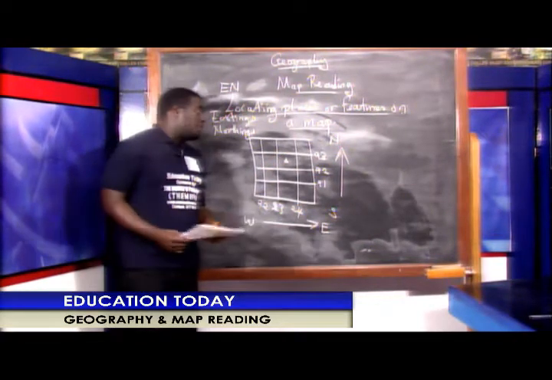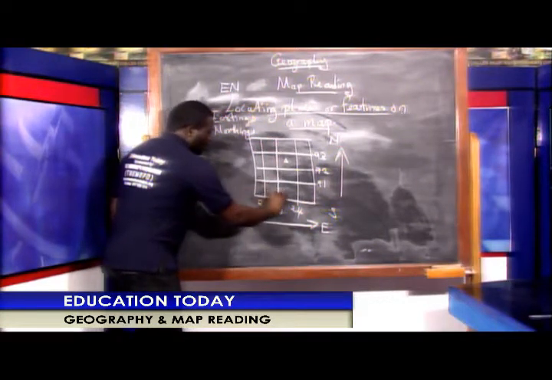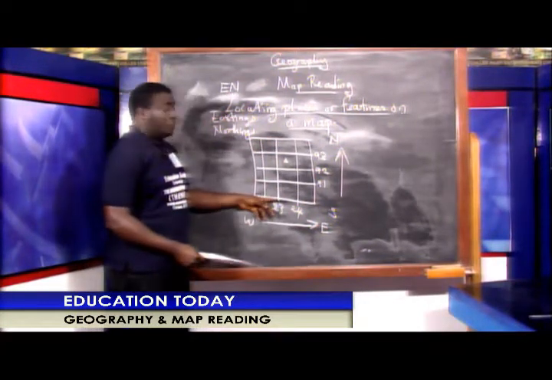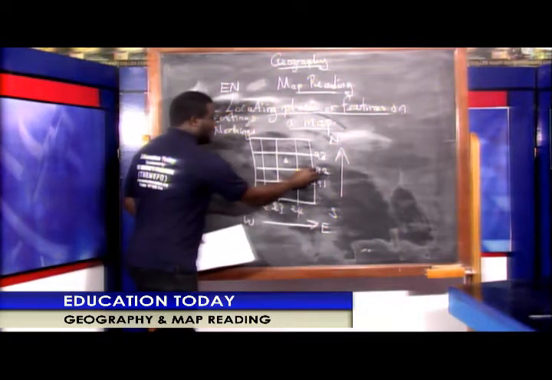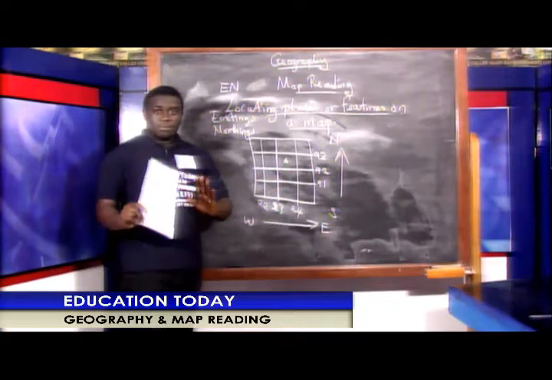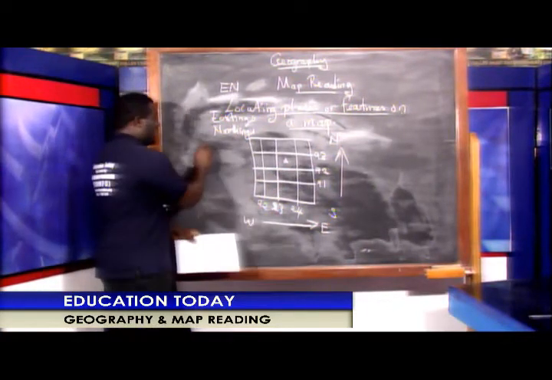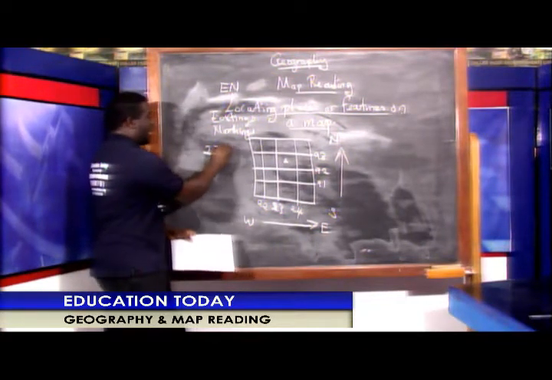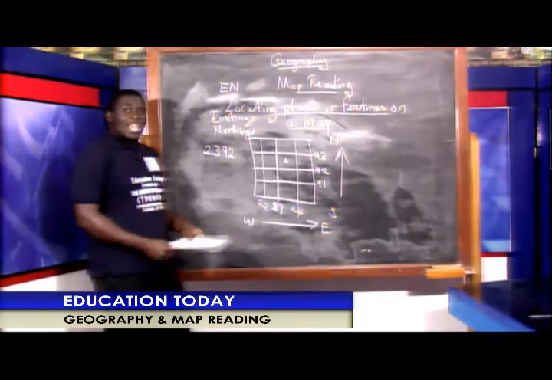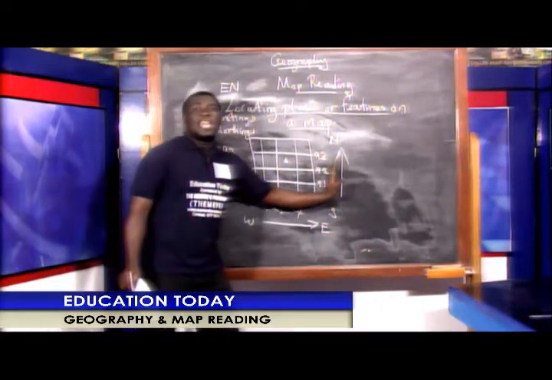It is pretty simple. We take the easting to the west of the feature and the northings to the south of the feature. Why do we take these two? I'll explain. Pay attention. We are taking 23 and 92. Why? If you should take 24, it therefore means you are moving towards the east.